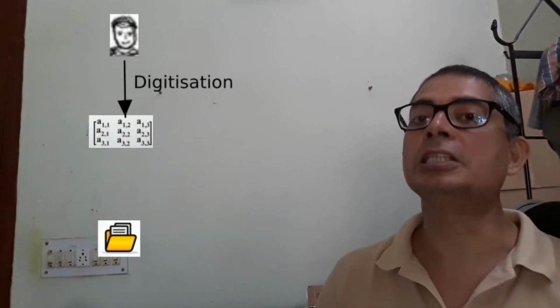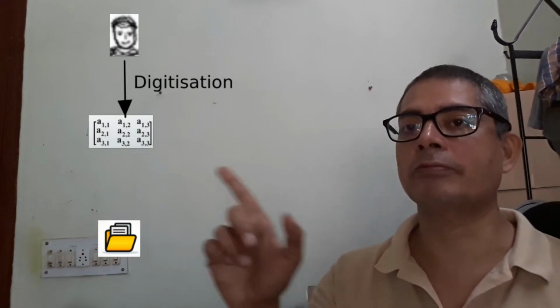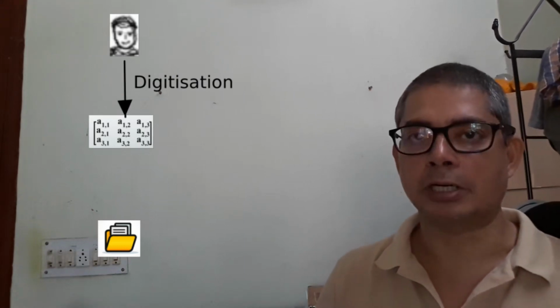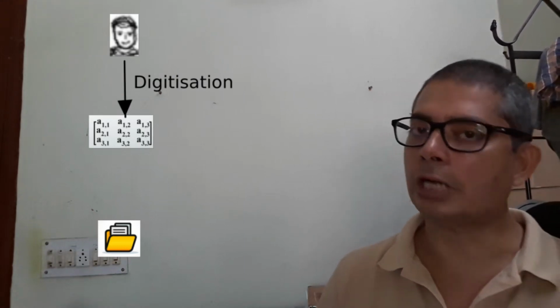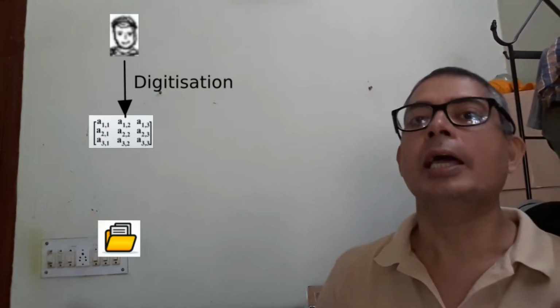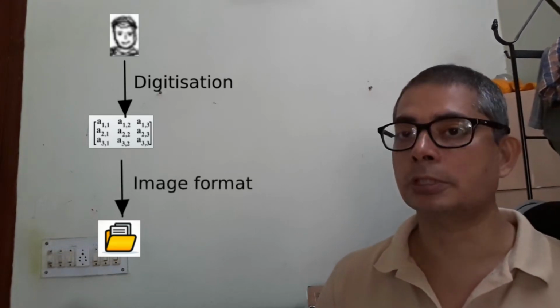In the first stage, a real image is digitized, that is, converted to a matrix of numbers. In the second stage, these numbers, along with sundry other information like image size, timestamp, location, etc., are encoded as a sequence of bytes and dumped into a file.